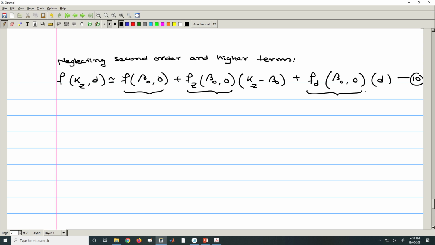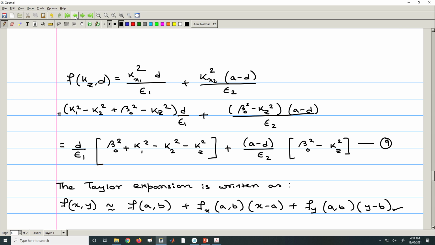From equation number 9 we can see f(beta naught, 0). Here we will substitute beta naught in place of kz and 0 in place of d.